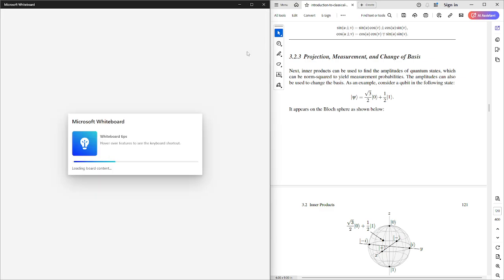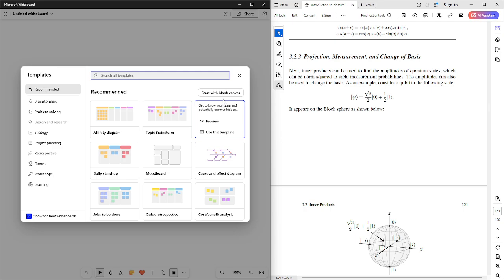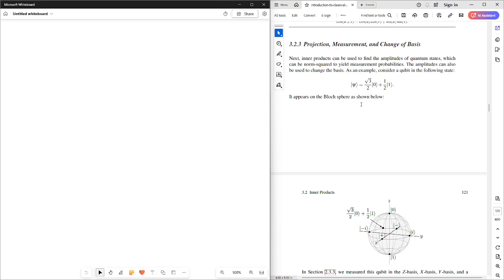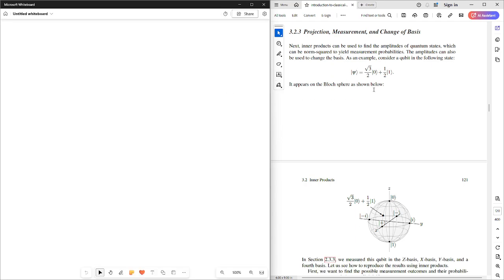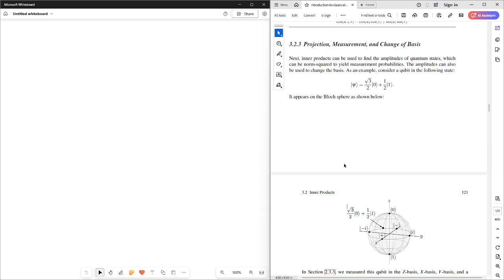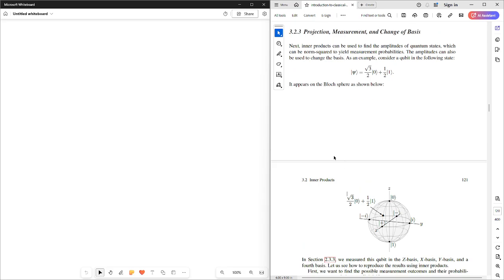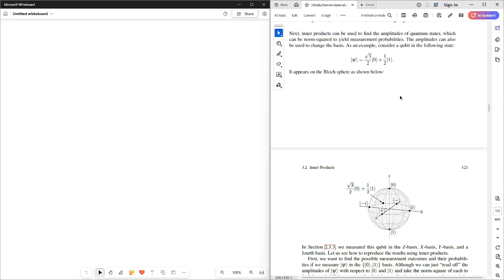Projection, measurement, and change of basis. Inner products can be used to find the amplitudes of quantum states. These can be norm squared to yield measurement probabilities. Correct, we've looked at that before.